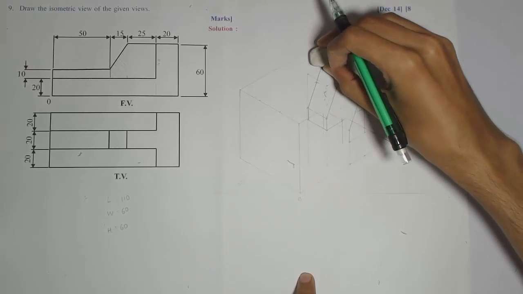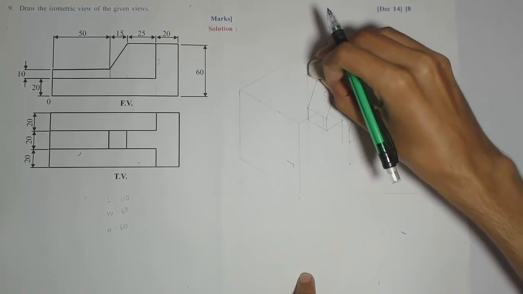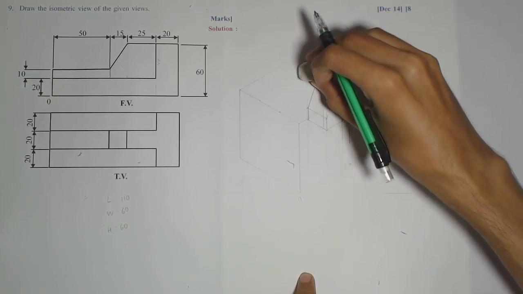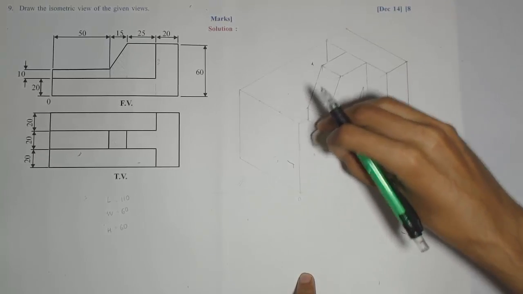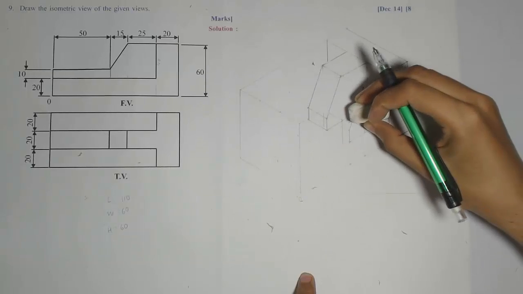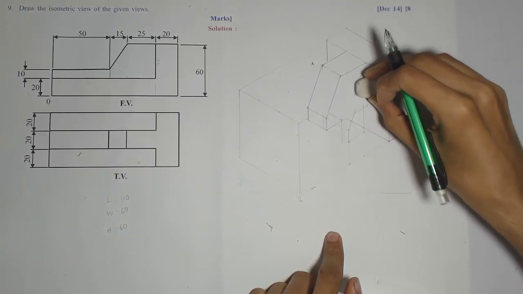Okay, so I will erase the top view rectangle now to avoid confusion in the next steps. These extra projectors, no need now. Again the projectors, this trapezium on the front view plane.